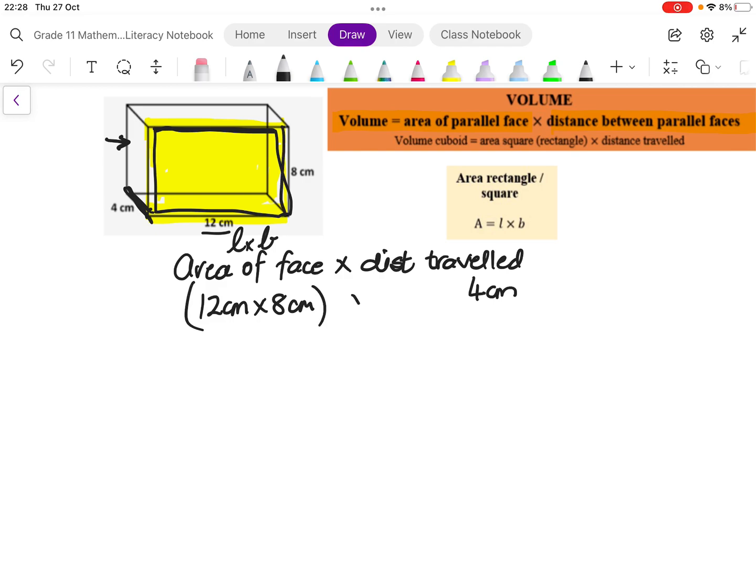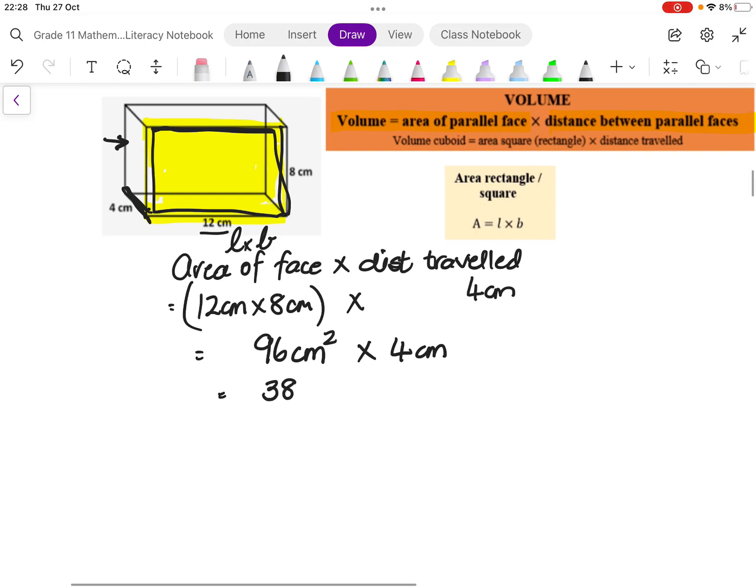And 12 eights are 96 centimeters squared. And that is two-dimensional. Just a quick reminder, two-dimensional. We don't put the D, it's just to tell us it's two-dimensional. And I'm going to multiply by 4 centimeters. And I will get 96 multiplied by 4 is 384 centimeters.